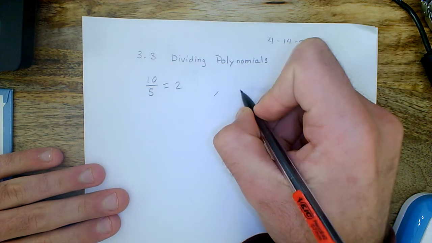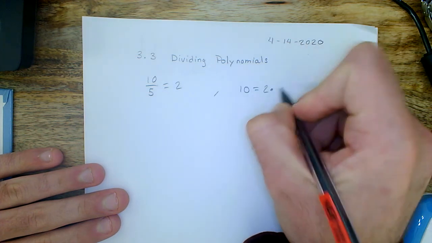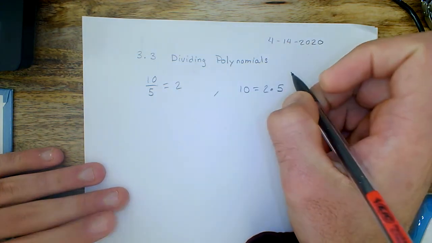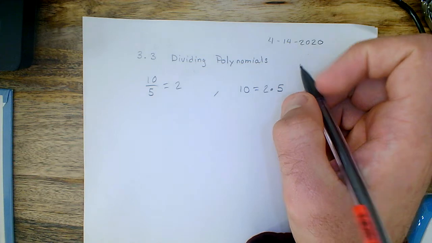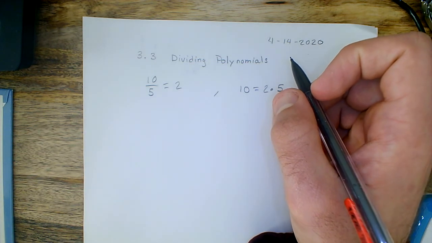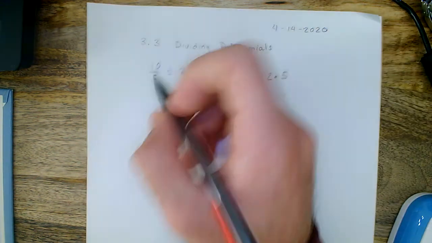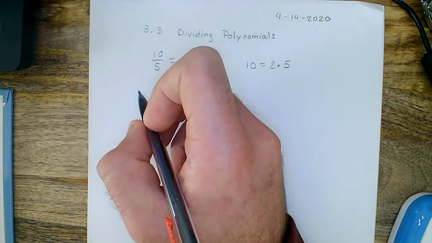So if I multiply 5 on both sides, it's 10 is equal to 2 times 5. Just like we can do that with integers, we can write this.